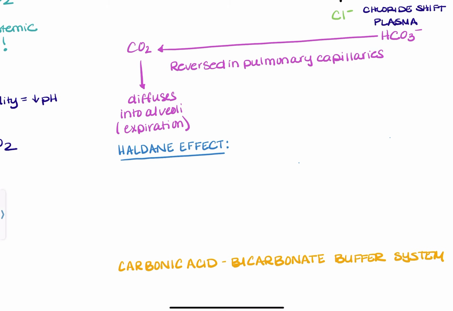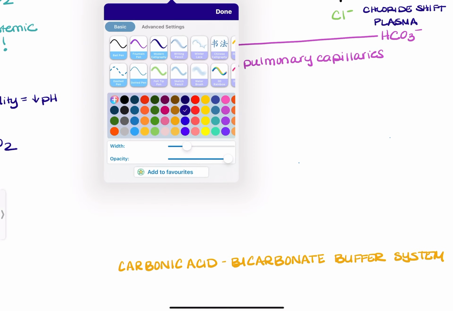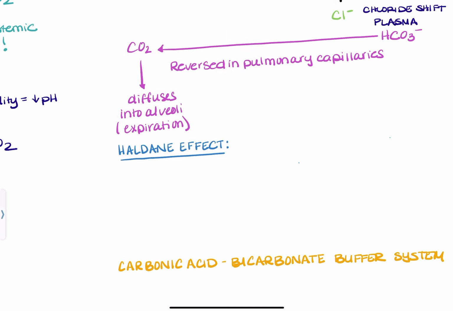And the Haldane effect is really just saying that at low partial pressures of oxygen, we're going to have low levels of oxygen bound to hemoglobin. So low levels of oxyhemoglobin. When we have low partial pressures of oxygen or low levels of oxygen bound to hemoglobin, we're more likely to bind carbon dioxide to hemoglobin.